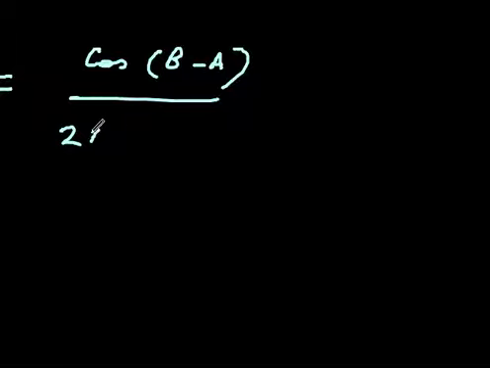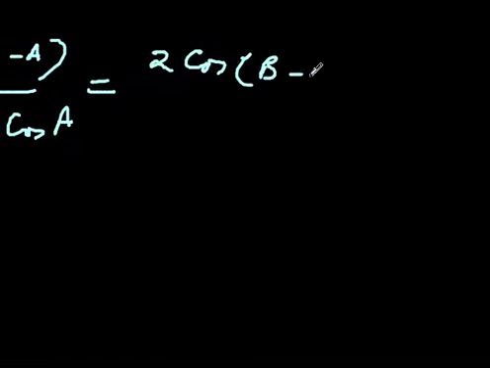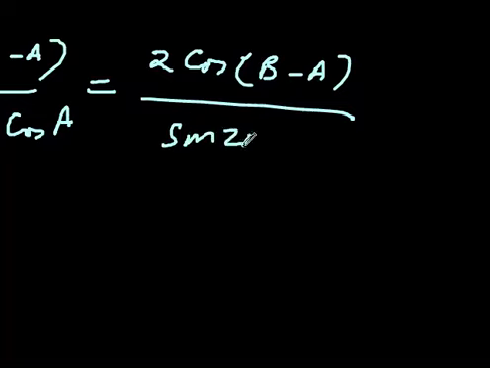If I multiply the denominator by 2, I need to multiply the numerator by 2 as well. Now that should be changed to sine of 2a, because sine of 2a is equal to 2 sine a cos a. That's a double angle formula.